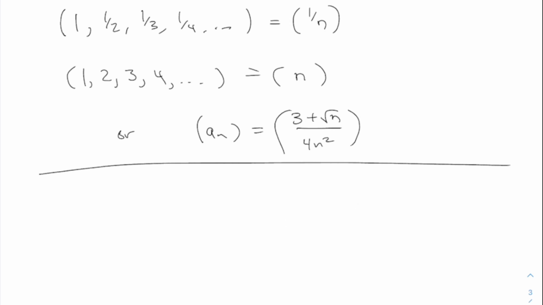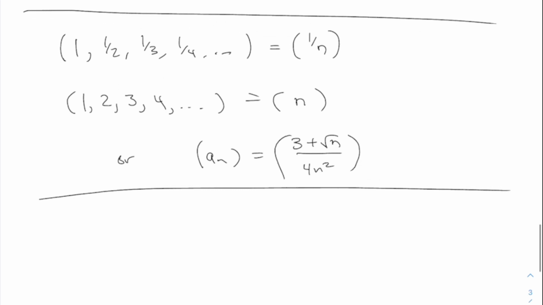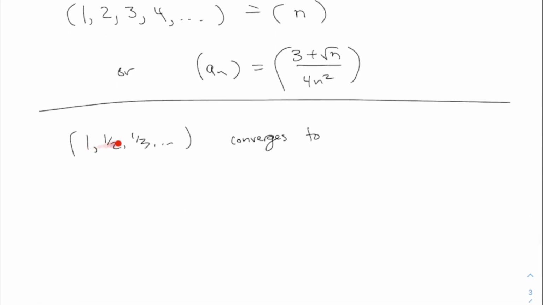For example, of these sequences, the first one there actually converges. This 1, 1/2, 1/3, etc. sequence converges. What I mean by that is, as you go down the list, eventually these numbers get closer and closer to a certain other number. What is it, you say? 0, yeah.